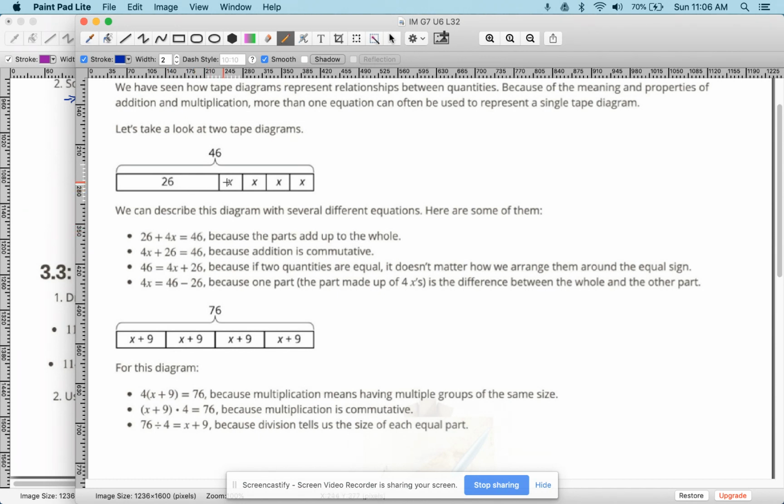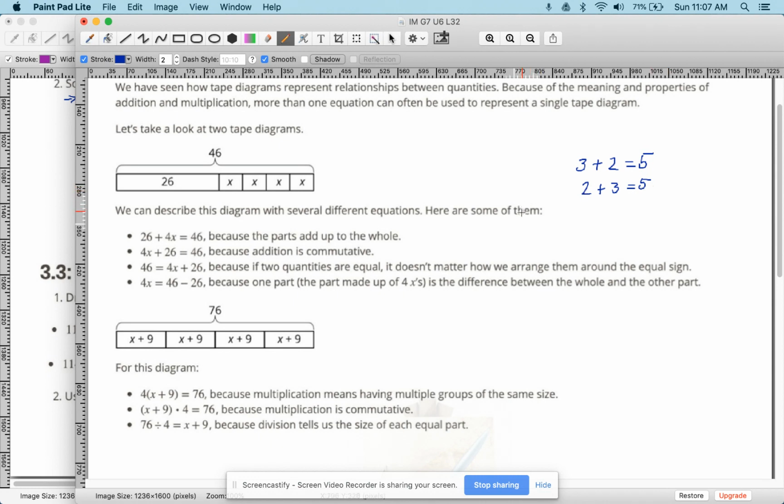because you put those in the same exact order. You could also see it as 4x plus 26 because addition is commutative, and commutative means like our equation families. If I had 3 plus 2 and that equaled 5, that's the same as 2 plus 3 equaling 5. That's commutative property, and that is true with addition.